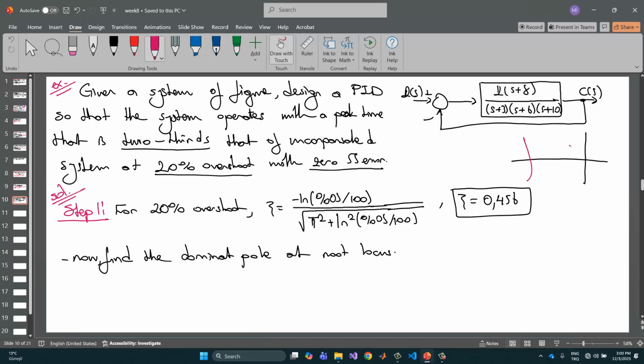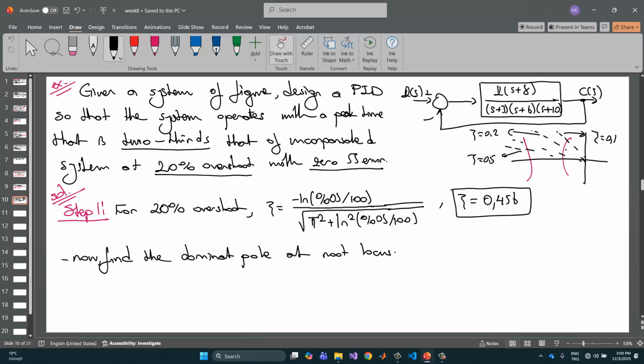For example, the red line is the root locus, and at each root locus we have this kind of lines, and each of these lines, for example, this represents 0.1, this represents 0.2, and this represents 0.5. Okay, in the root locus we see this.